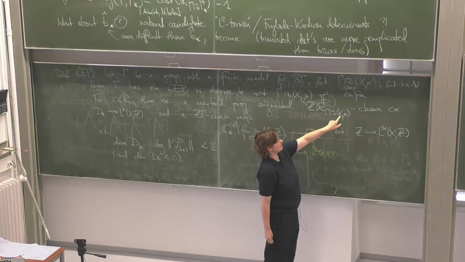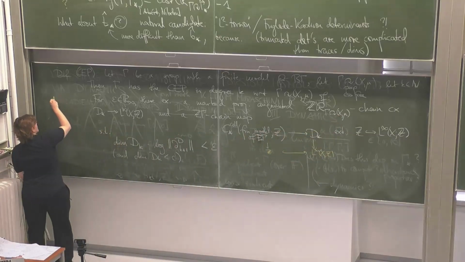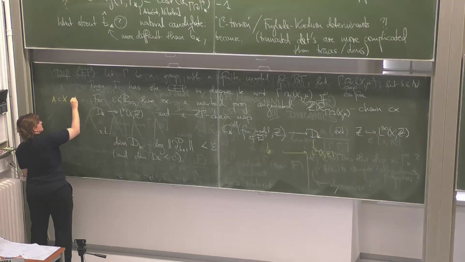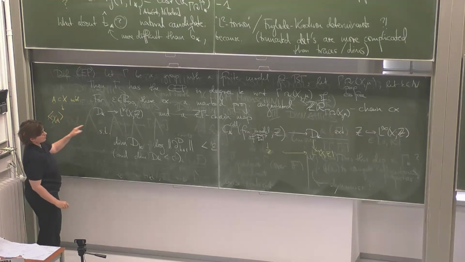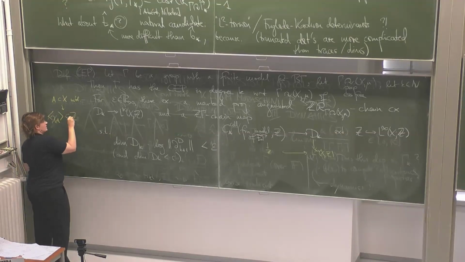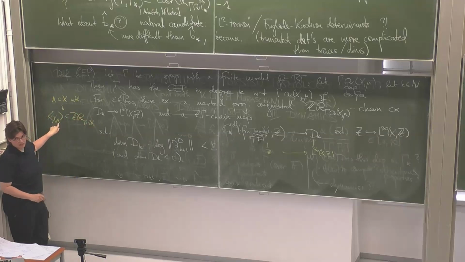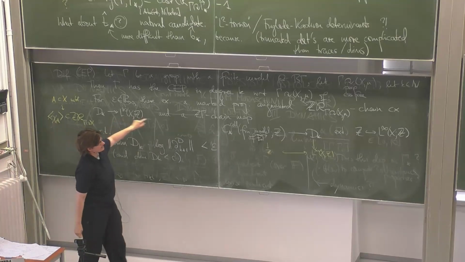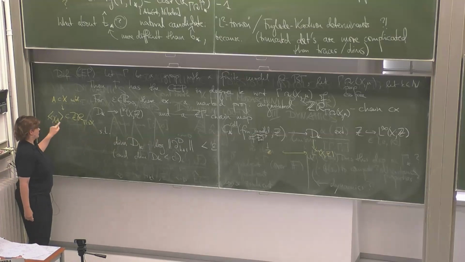Namely, whenever you have a measurable subset of X, let's say A, then you can look at the submodule of this ring generated by the characteristic function on A. You have to know that L-infinity X embeds into this ring, and this is a projection.